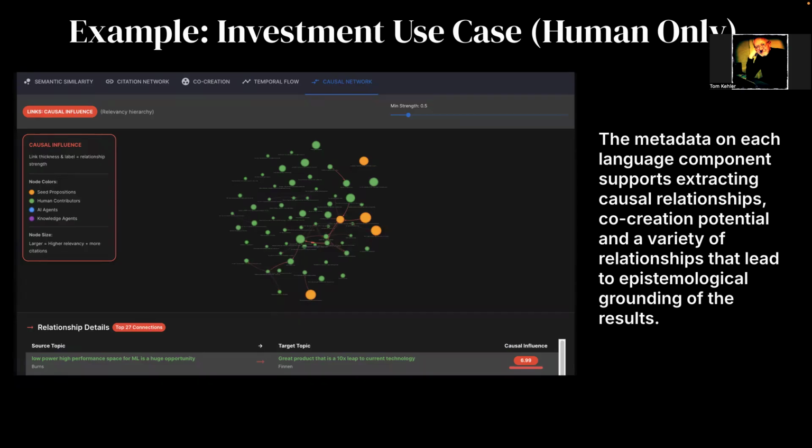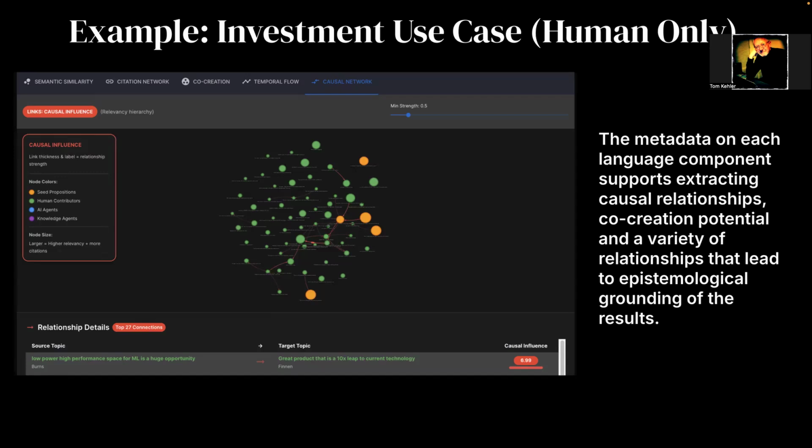Now, in addition, because we have such annotated vectors that have these concepts with them, we can now begin to look at things like semantic similarity analysis, where we can look at the degree to what happens over time. We can look at co-creation potential. We can look at causal potential.